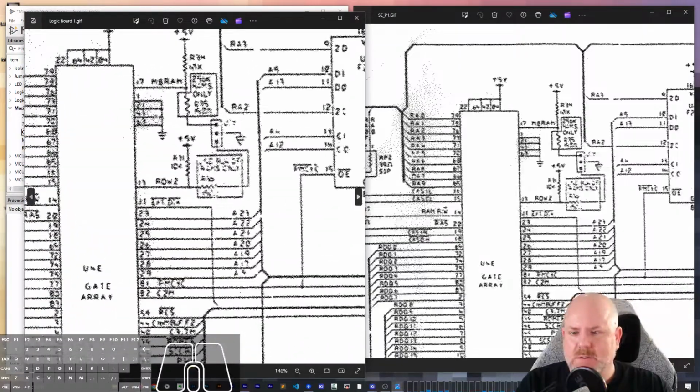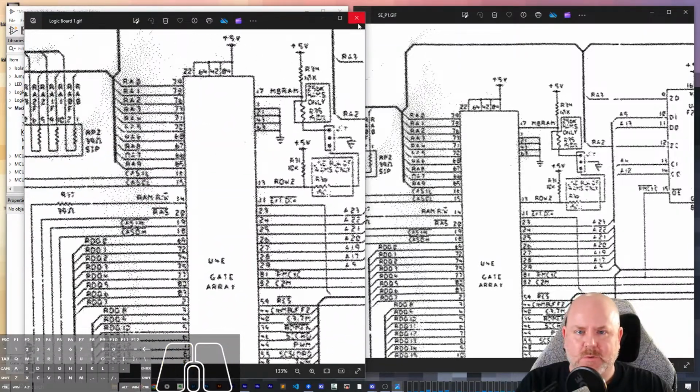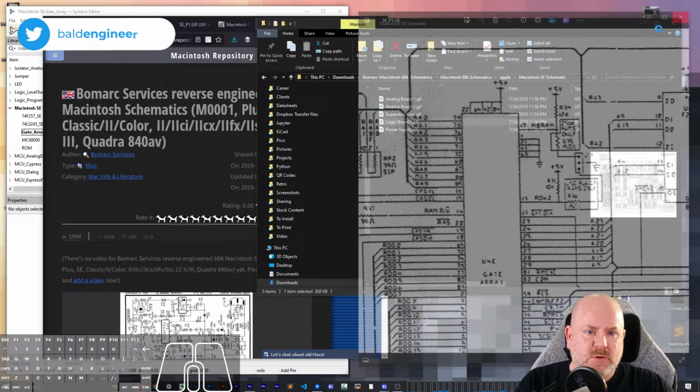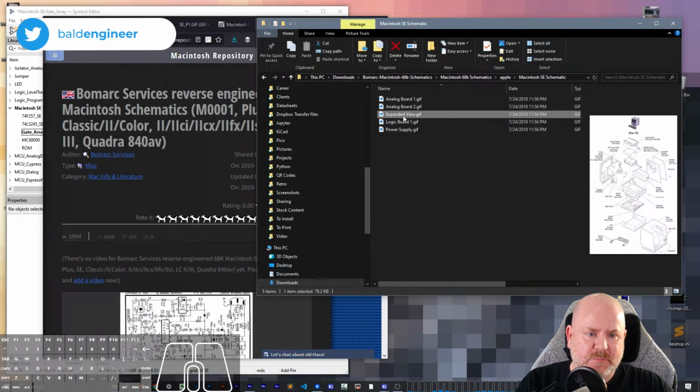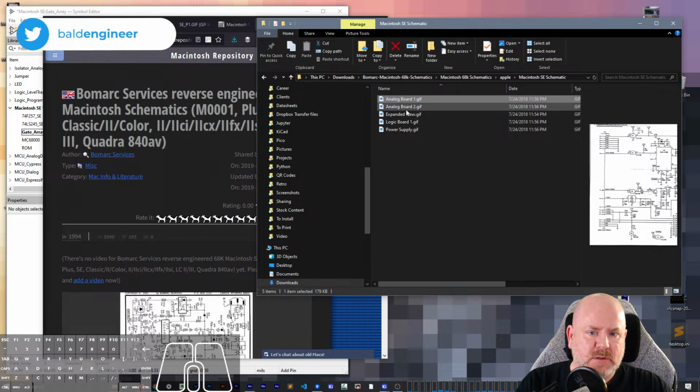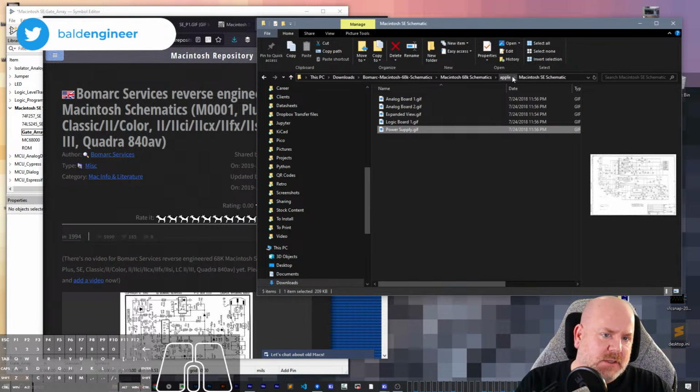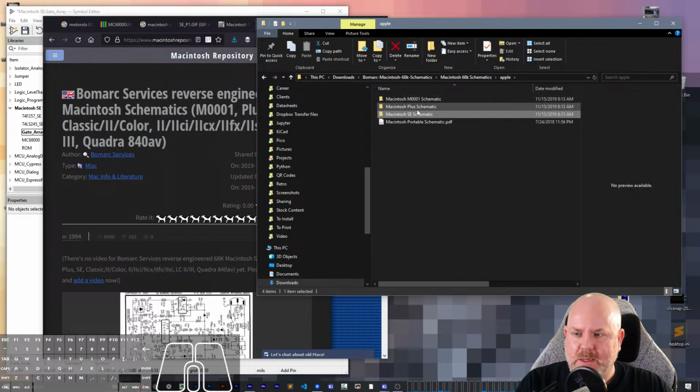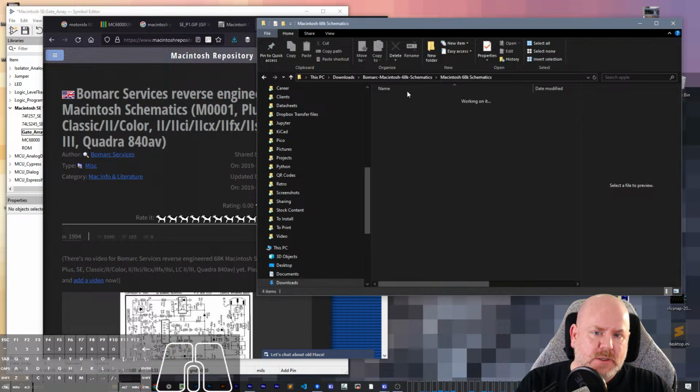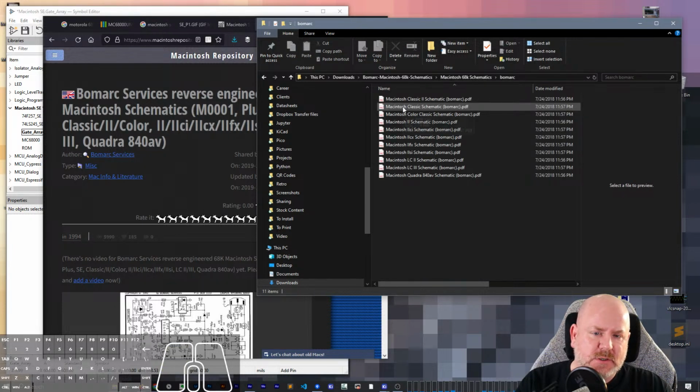All right, so this is basically the same one. So nobody has the full schematic is what I'm getting at. And then I don't know who Bormac is. Bomark. But did they reverse engineer it? Not the SC.